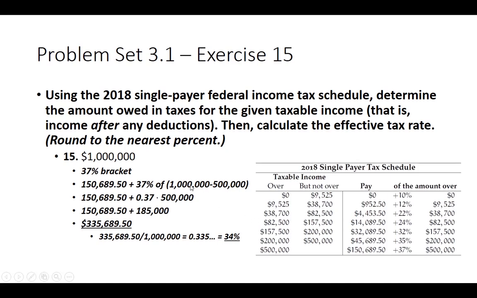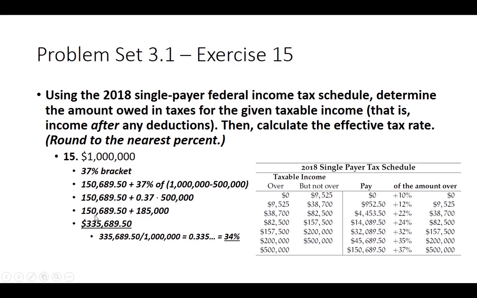To find that amount, we subtract. 1 million minus 500,000 is 500,000. 37% of 500,000 is 0.37 times 500,000, which is 185,000.